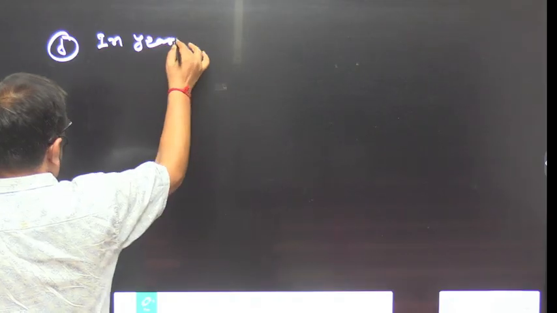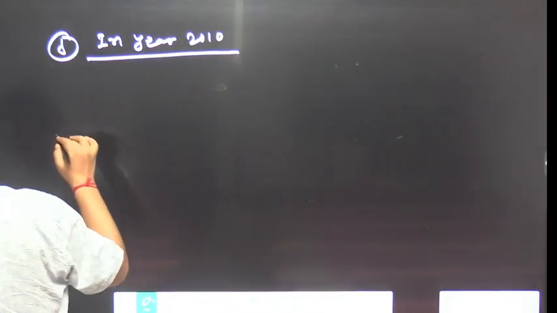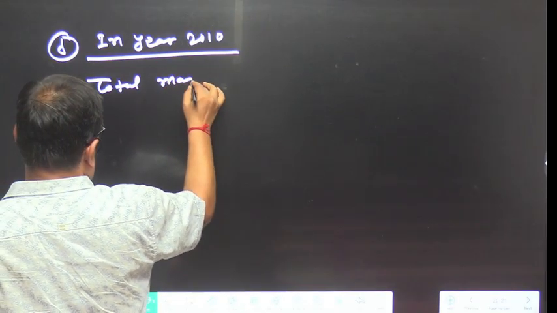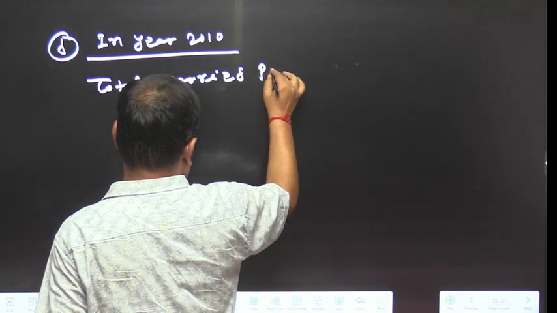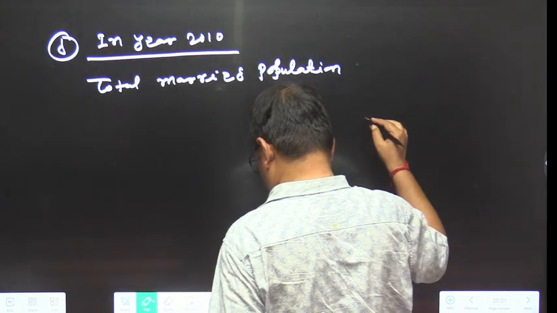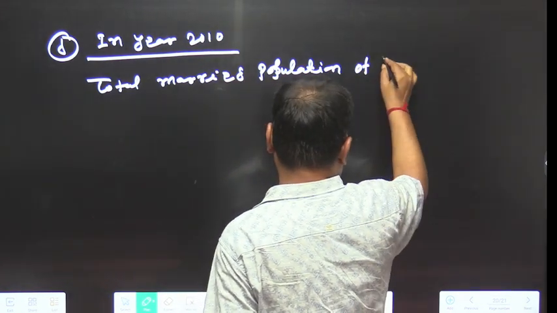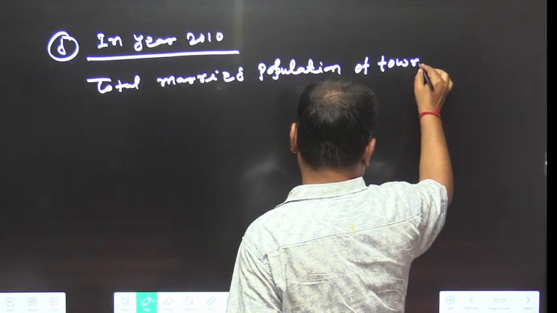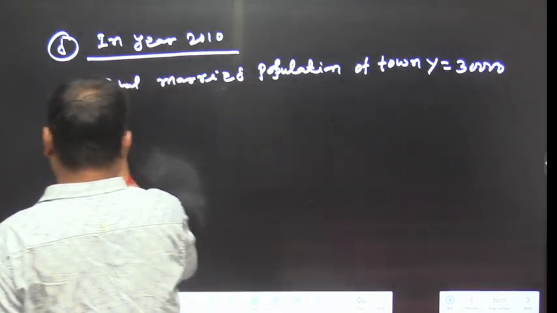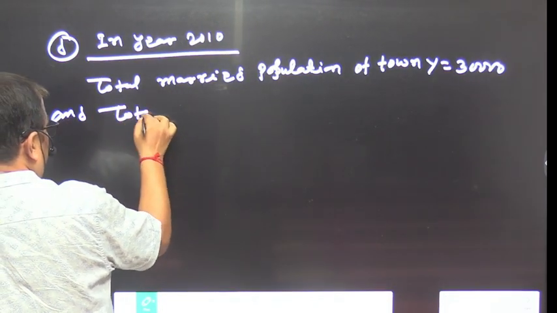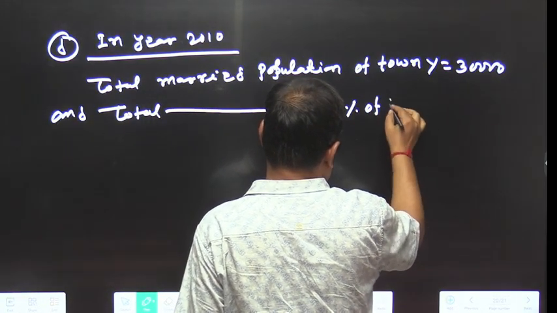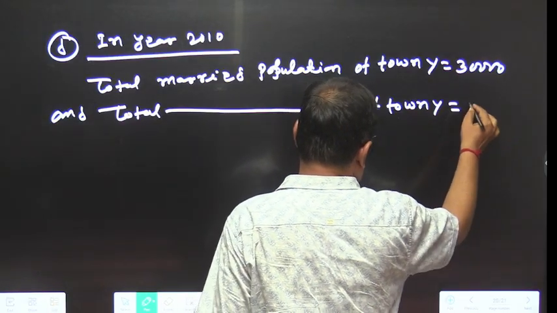In year 2010, total married population of town Y equals to 30,000 and total married population percent of town Y is 15.